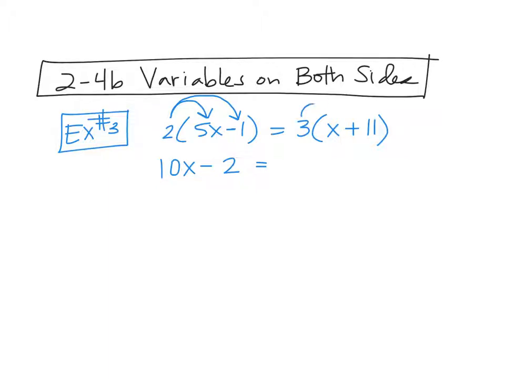Take that 3 and distribute it to both. So 3 times x is 3x, and 3 times 11, and we are adding, so it would be plus 33, okay? Now, it's exactly the problems you did on Friday, right? You distributed, and now we're ready to solve, okay? So what would you do first?